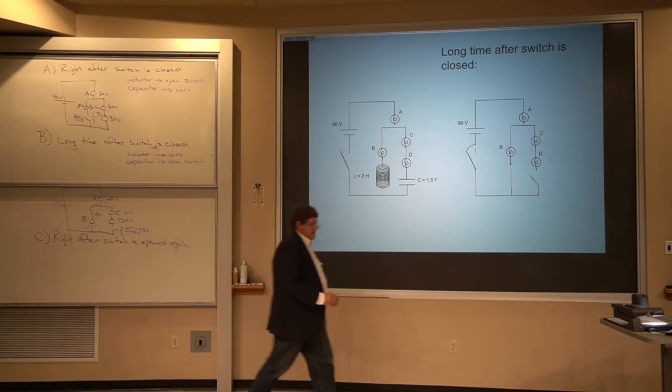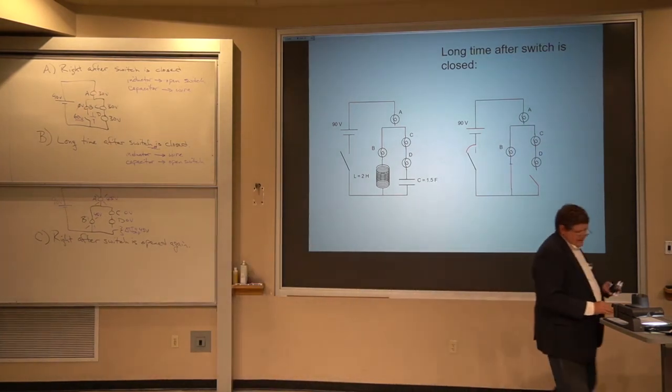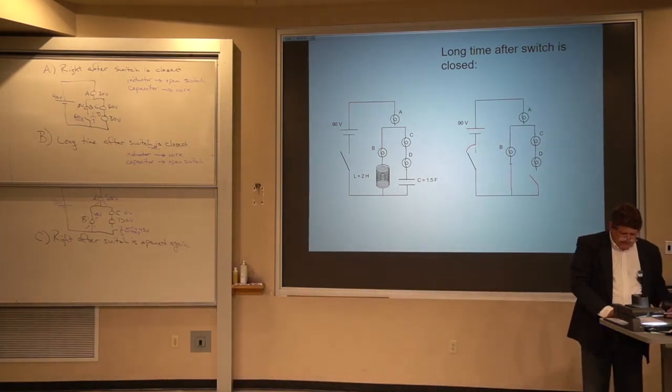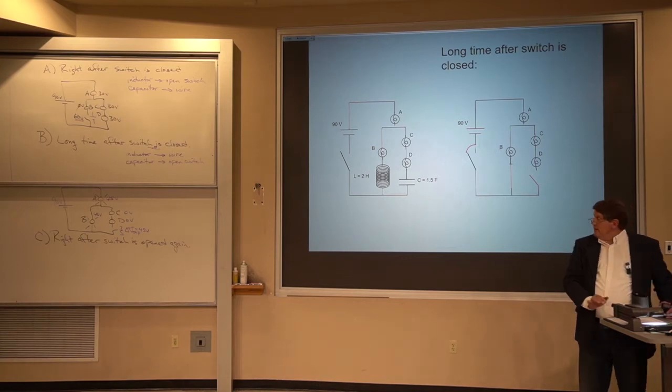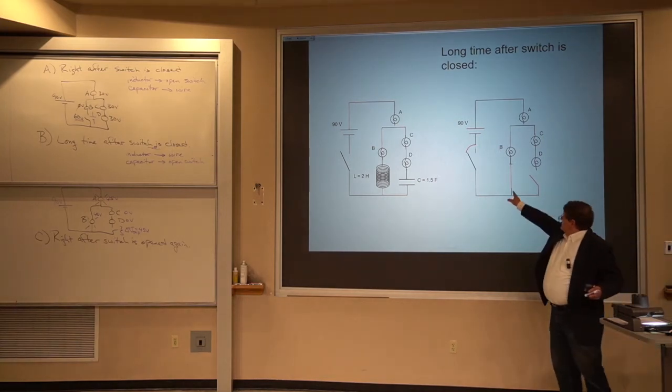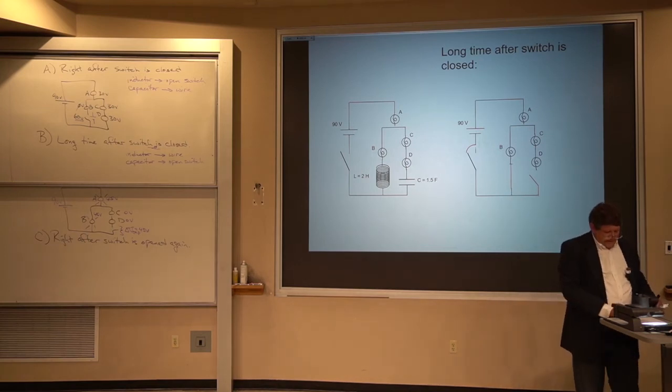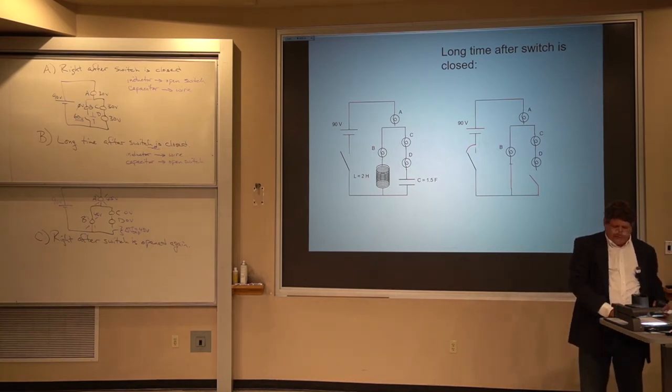Now, again, in this problem, we're asked to find the voltage difference across the inductor. It's acting like a wire, so it has 0 volts. And we're asked to find the charge stored on the capacitor.